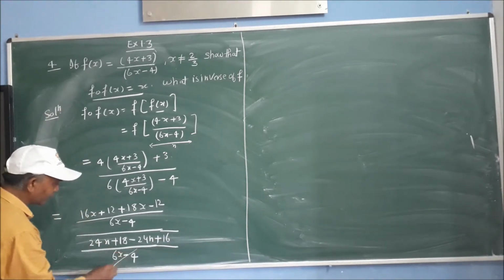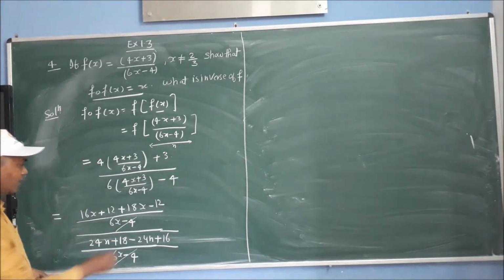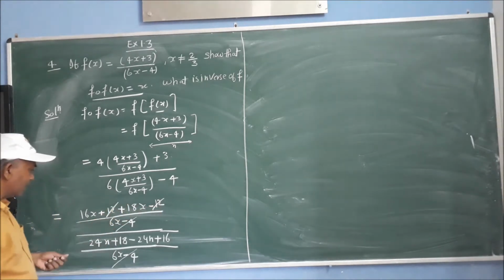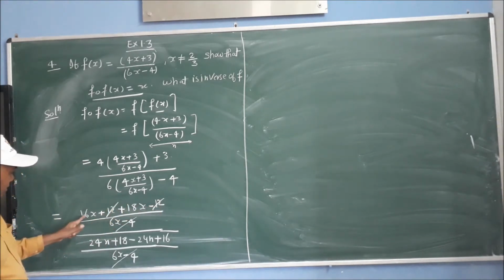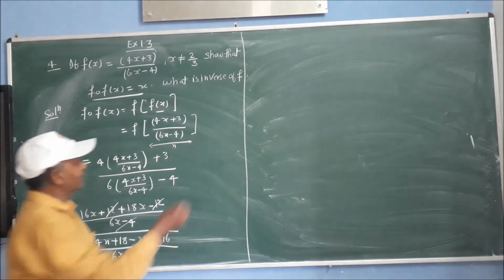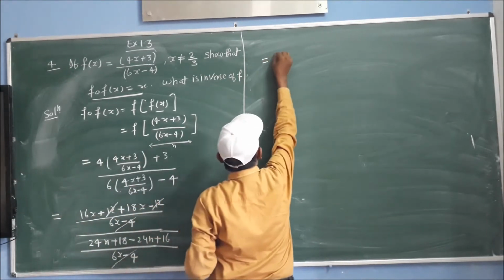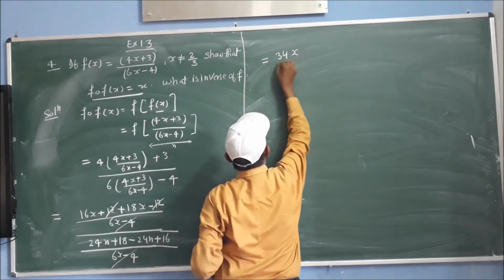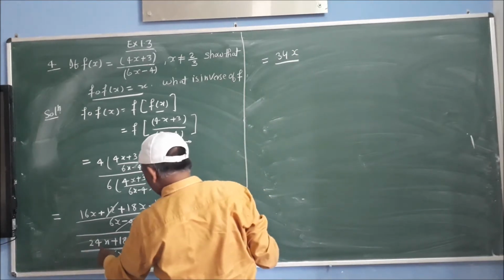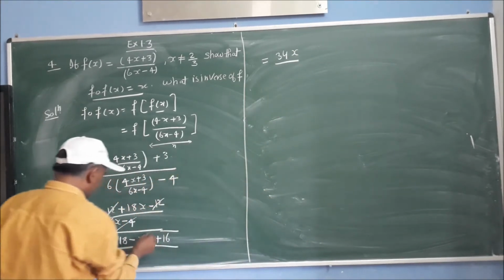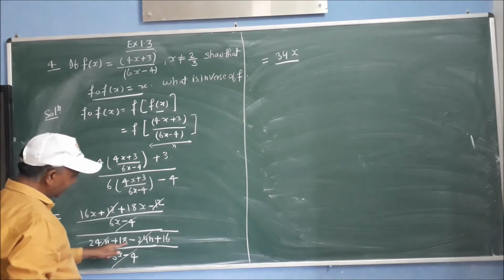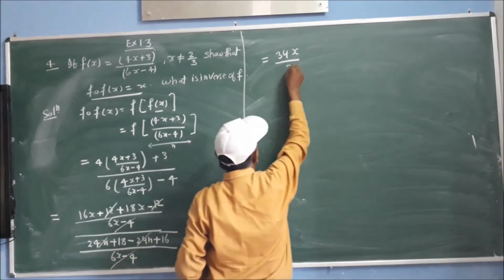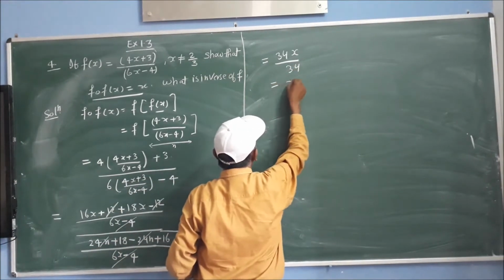So 6x minus 4 cancels, and 12 again cancels. So you can say 16x plus 18x will equal 34x, whole divided by 24x plus 16. These two also cancel, 18 plus 16 is again 34. So you will get this equal to x.